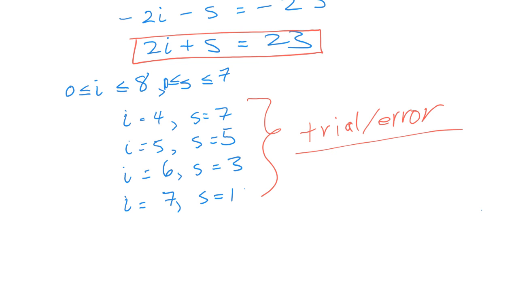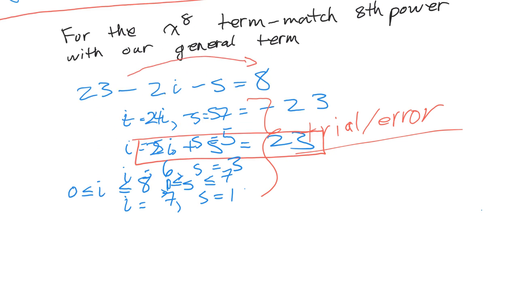Now, you can pick a number for i and then solve for s, but I tend to just do all of these things as trial and error. So now we're going to use this to compute all of the different x terms and coefficients that go with our original equation that we started with.